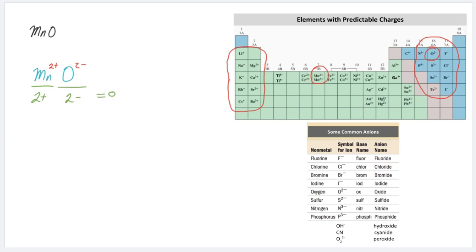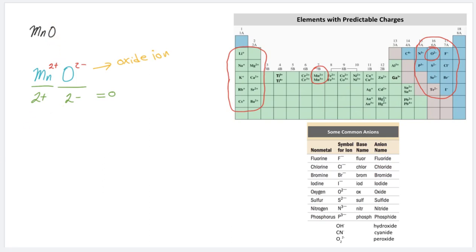So that means that we have what? This is an oxide ion. Okay, so that was pretty easy, right? Because we only have one oxygen.